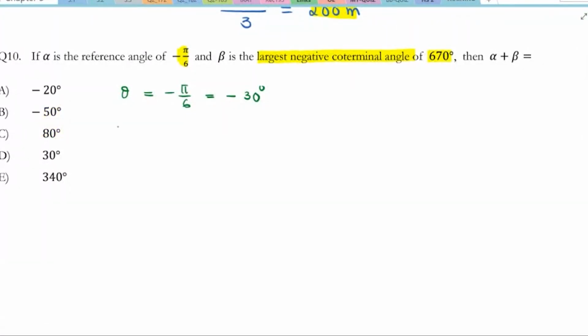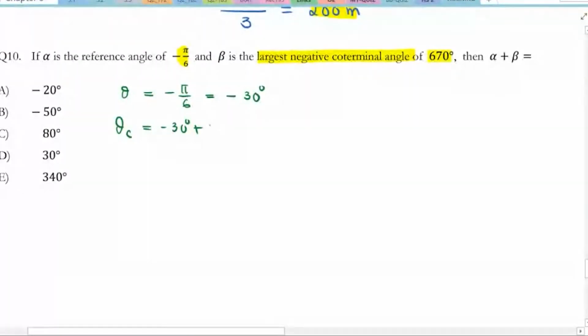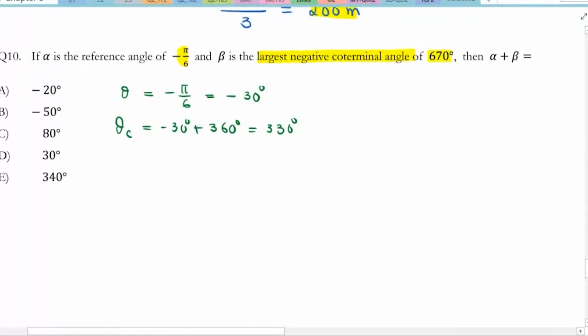So now, what is going to be the coterminal? The coterminal will be equal to minus 30 degrees plus 360 degrees. So the coterminal angle is going to be 330 degrees. 330 degrees means we are in quarter number 4, right?